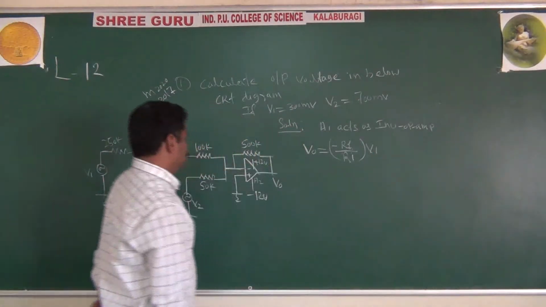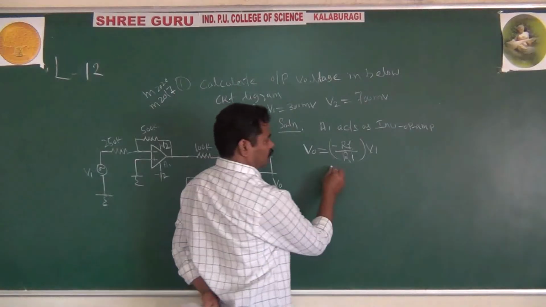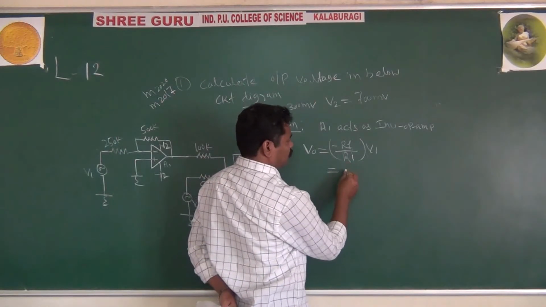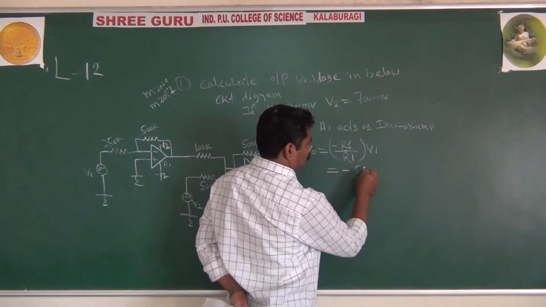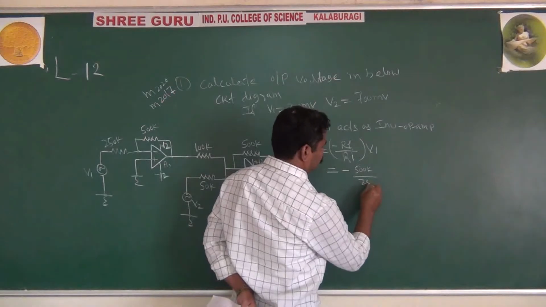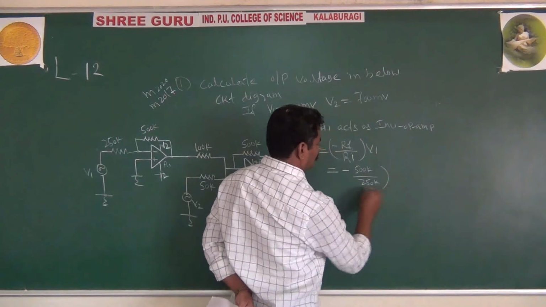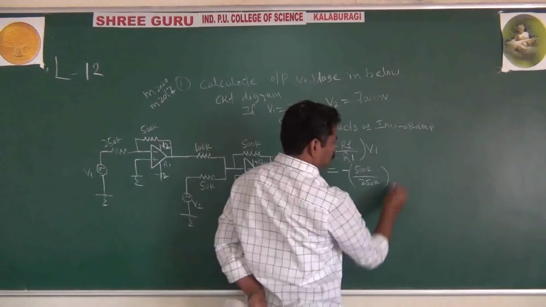And as usual, we know RF and RI from the diagram. We get minus 500K divided by 250K, into the V1, which is 300 millivolts.